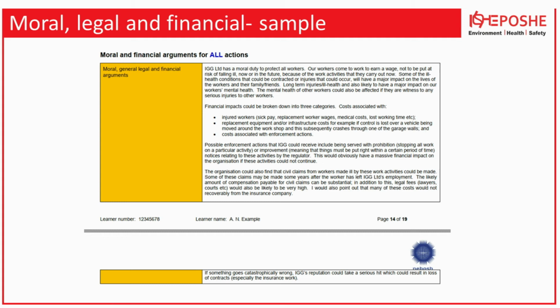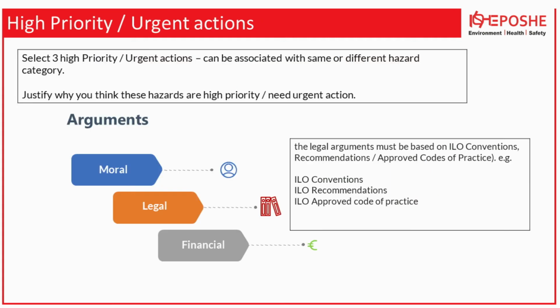When you write legal arguments, you have to give references to ILO conventions, recommendations, or from ILO approved code of practice. In this section, you have to prioritize your actions and justify your selection.